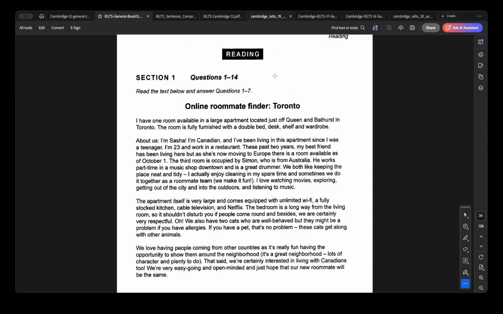So when you go to solve MCQs at the end, you already have some basic idea of the structure of the text and all the information spread across it. So it will be easy for you to navigate in the text to find the answers to the MCQs type of questions. So this is the way you can solve general training reading stress free.